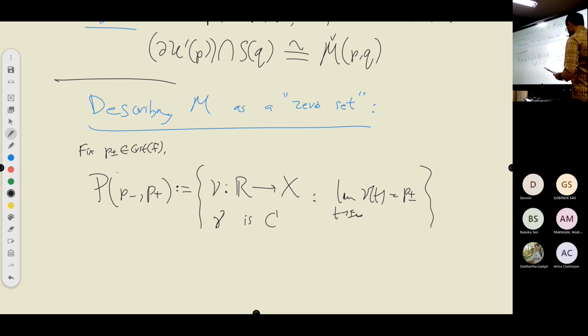So this is just a space of paths that limit to the critical points on either end. And our moduli space is now going to be a subset of this. When I say a subset, and in fact I've said it's a zero set, I need to now talk about a function on it.